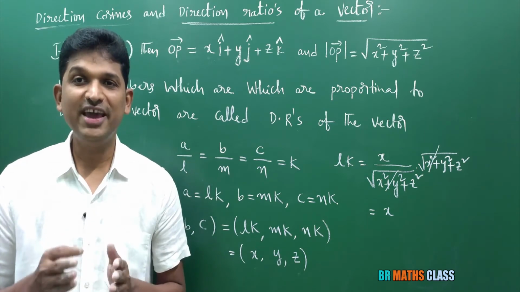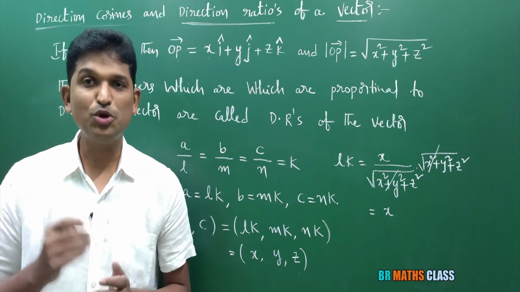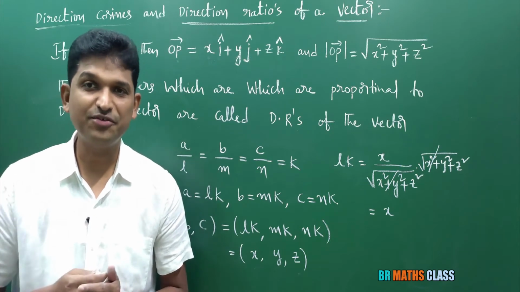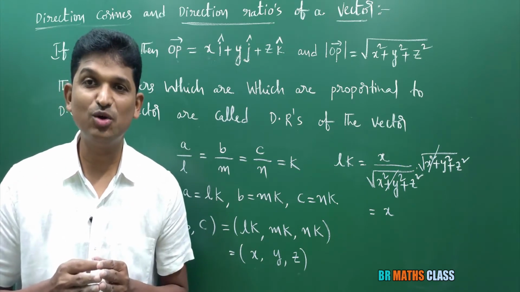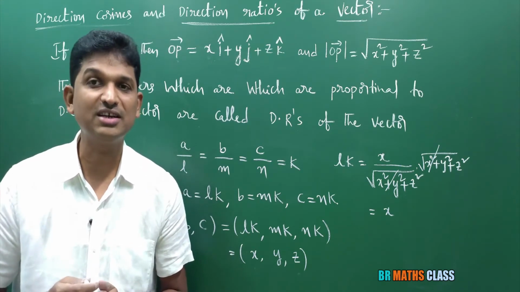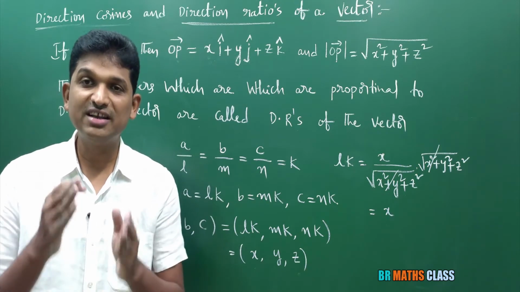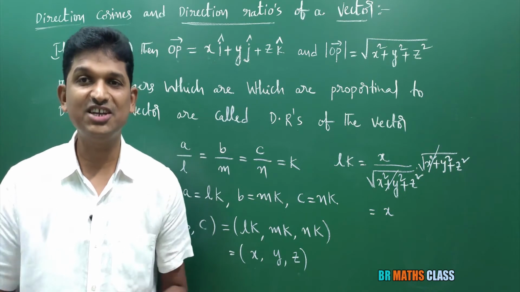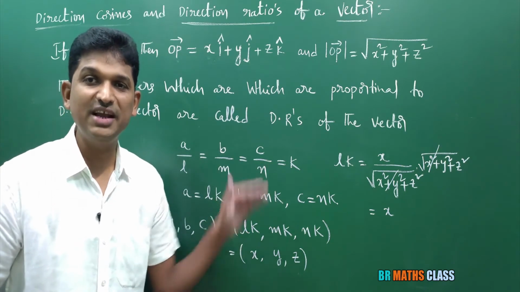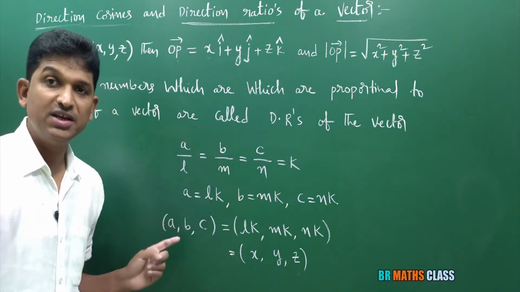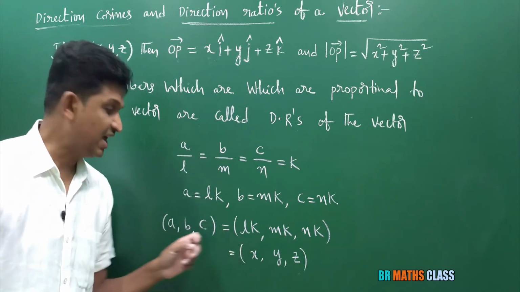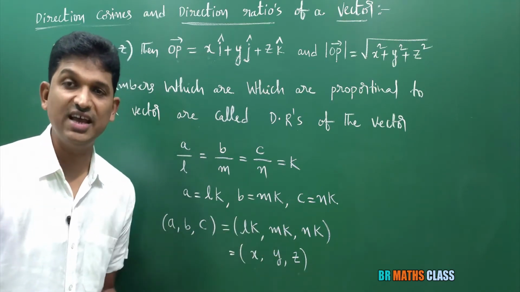Three numbers a, b, c proportional to the direction cosines of a vector are known as direction ratios of that vector. What important point did you learn? For every vector, their scalar components act as direction ratios. That is the reason I explained here. And one important point here: a is lk, b is mk, c is nk, like that we got.